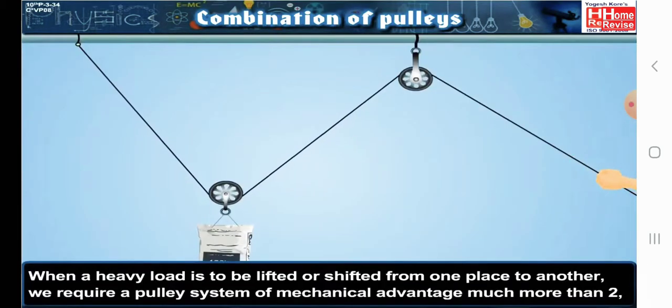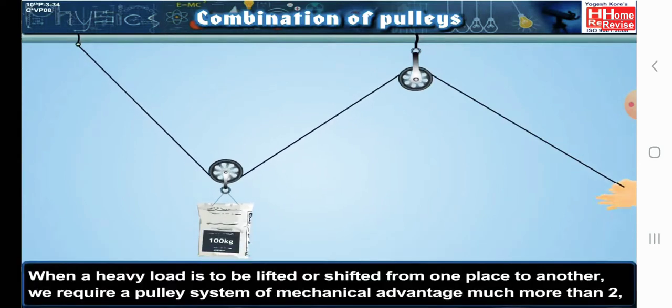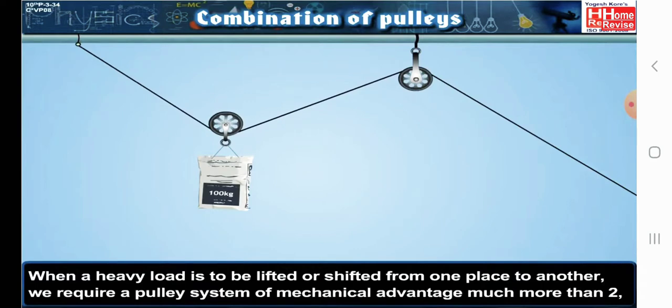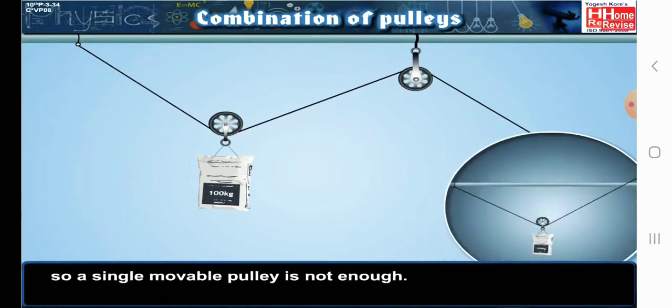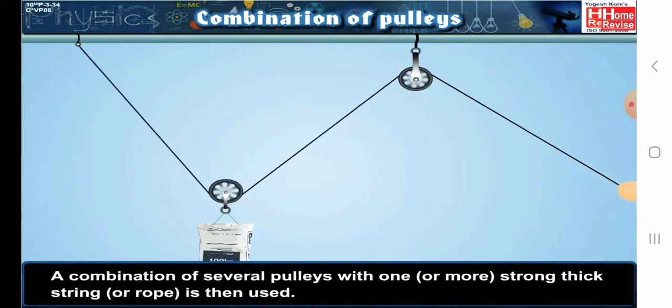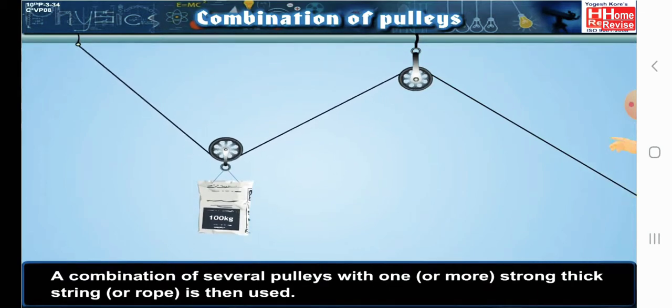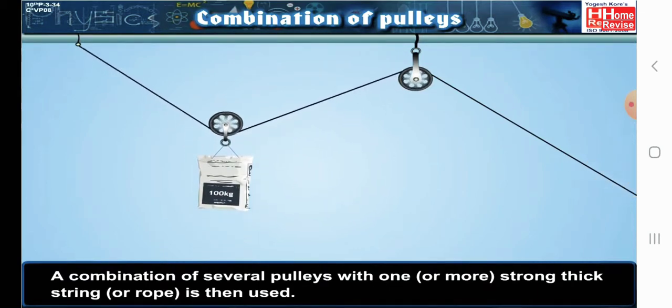Combination of pulleys. When a heavy load is to be lifted or shifted from one place to another, we require a pulley system of mechanical advantage much more than 2. So a single movable pulley is not enough. A combination of several pulleys with one or more strong, thick string or rope is then used.